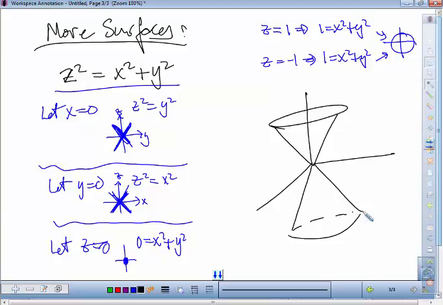Cones. Okay, you see the x cuts. Another x cut would be somewhere over here like this. And then you see the circles. Okay?